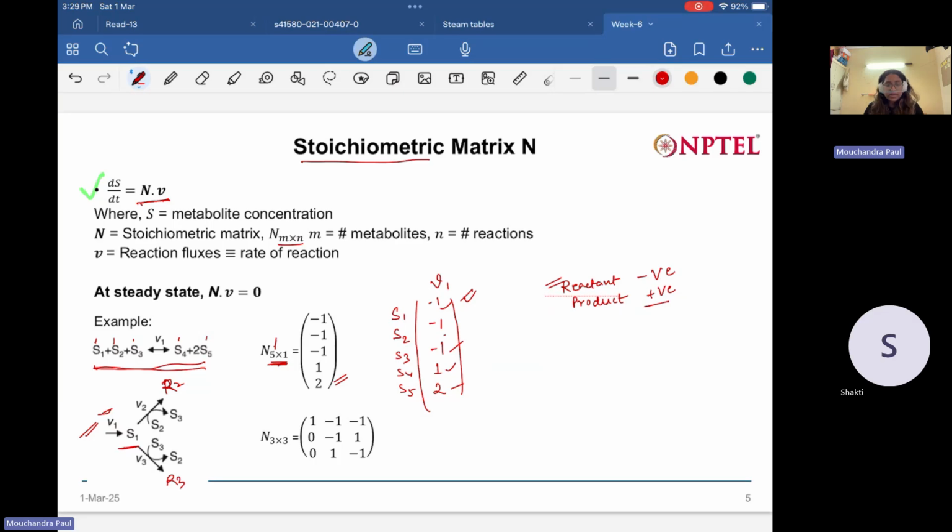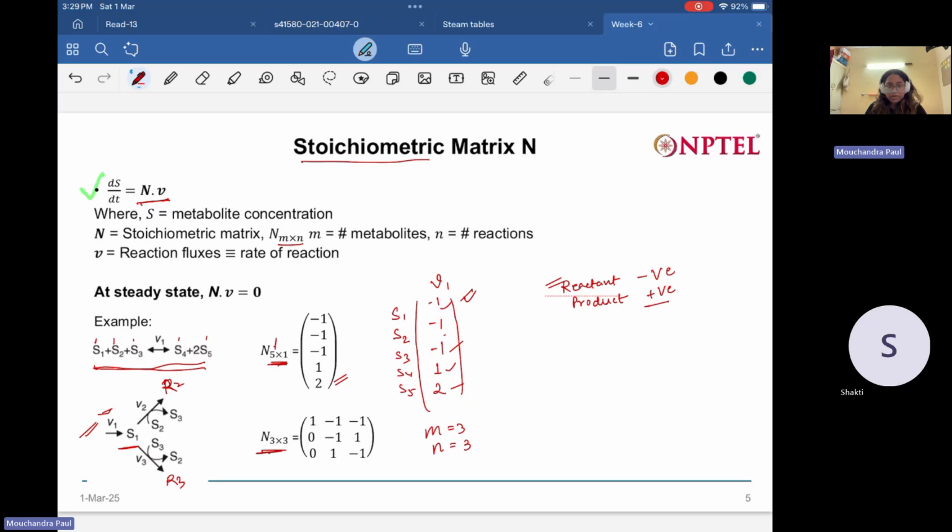So we have to look at the arrows in order to understand what is the product and what is the reactant in this particular scheme. So one thing is very clear, that there are three metabolites, so M is 3, and there are three reactions involved, so N is also 3.